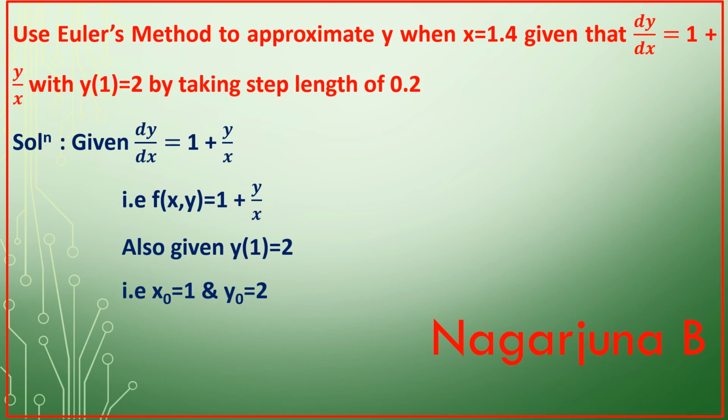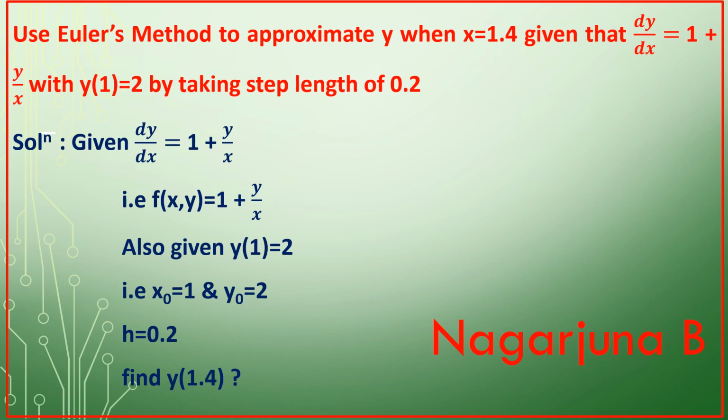So these are the initial values given in the question itself, and they have given the step length of 0.2, that is h is equal to 0.2, and we need to find y of 1.4 because we need to approximate y when x is equal to 1.4. Therefore we need to find y of 1.4.